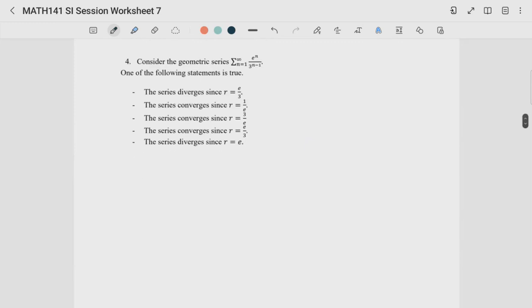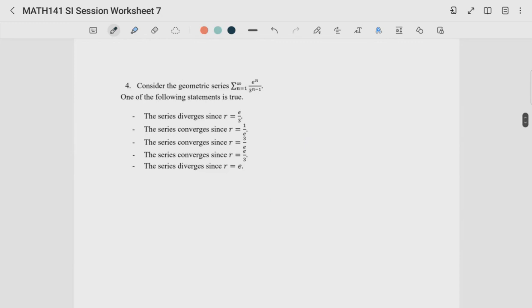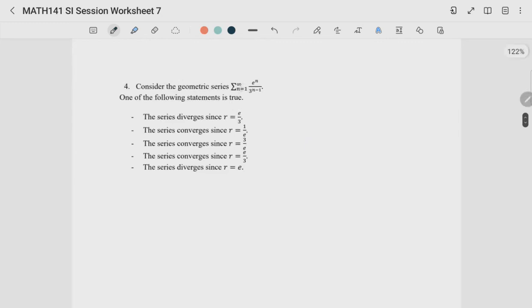We look at another geometric series, which is given to us as the sum from n equals 1 to infinity of e to the n divided by 3 to the n minus 1.